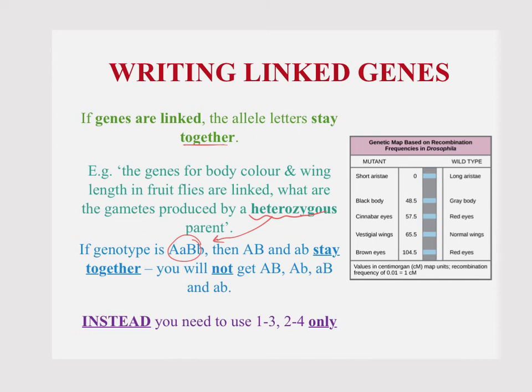Then big A and big B stay together, and little a and little b stay together. Okay, so if we know that the genes are linked, we only use 1, 3, 2, 4. We don't use the 1, 3, 1, 4, 2, 3, 2, 4, because in this question it has told us that they are linked, and that should raise flags. That should be a highlighted point for you straight away.